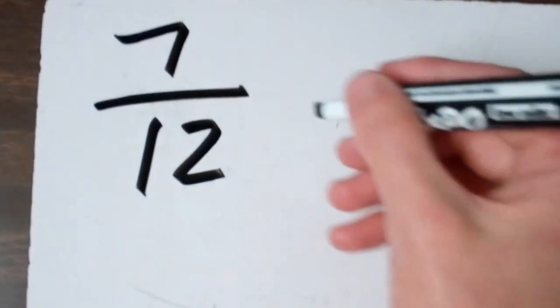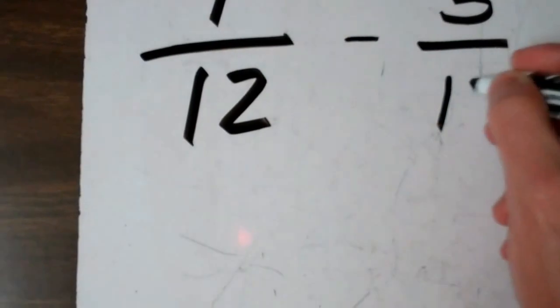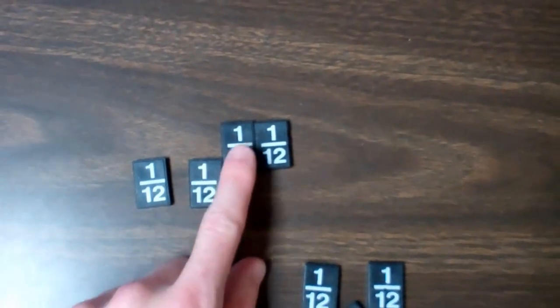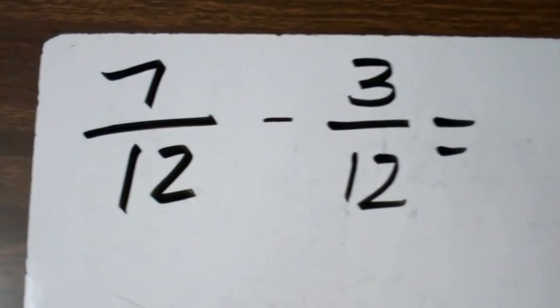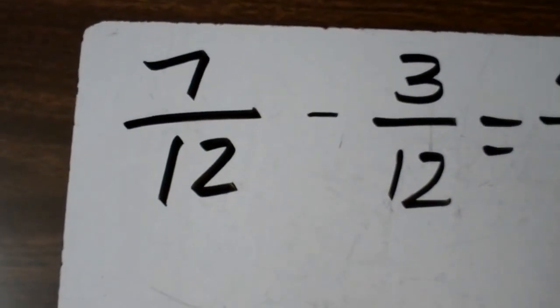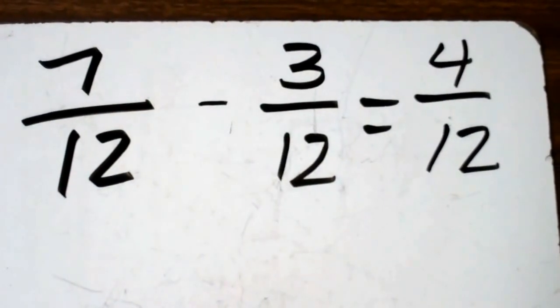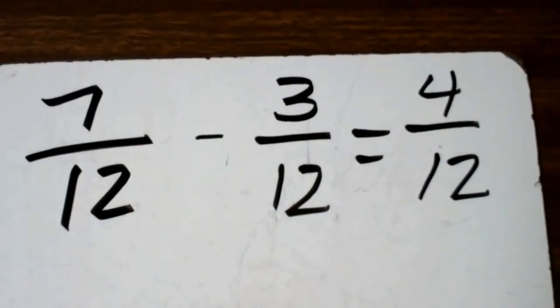So we're going to subtract 3 twelfths. Let's see how much we have left. We still have 1, 2, 3, 4 twelfths. That's right, 4 twelfths. Because 7 minus 3 is 4, and we're still talking about twelfths. Again, our denominator stays the same.